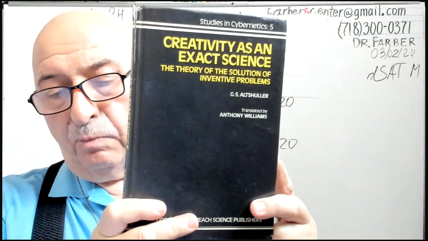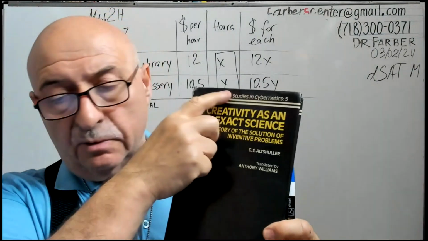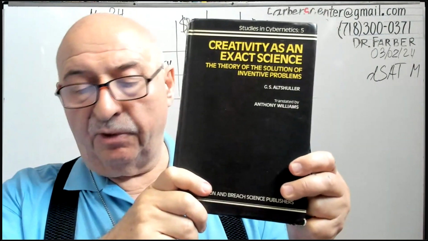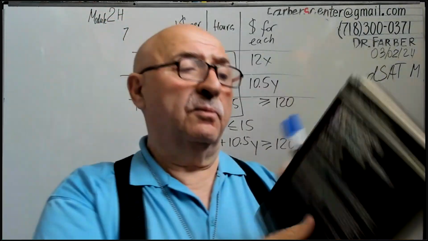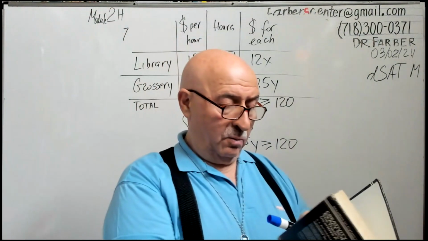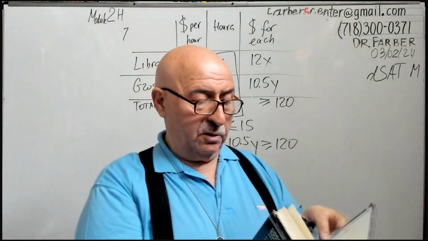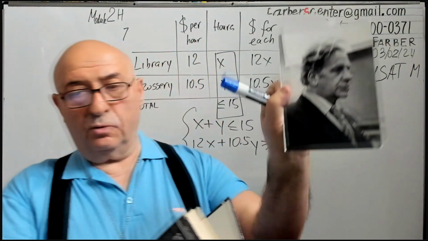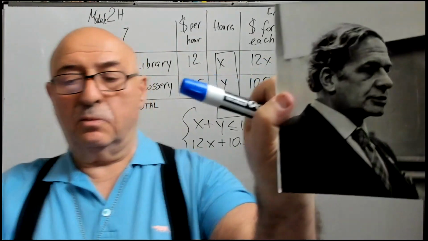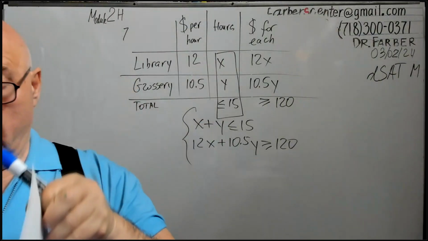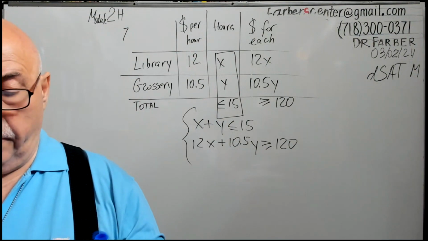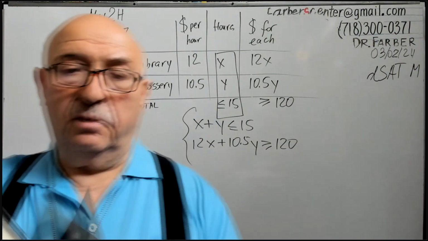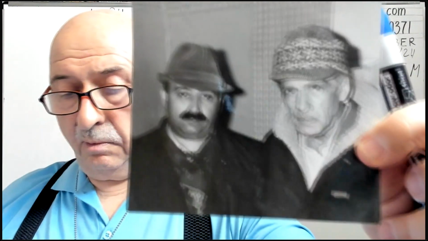The best book in cybernetics to develop analytical thinking skill. Number one. And this is my teacher who wrote this book. Now the book is translated into all languages in the world. Dr. Faber.